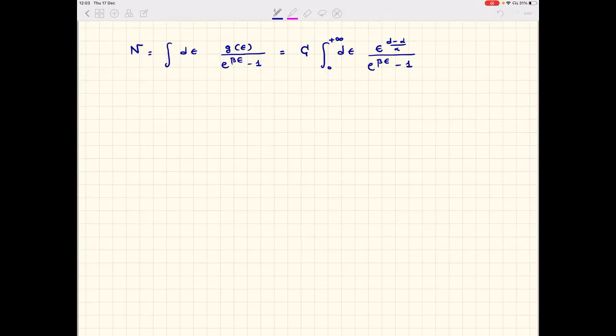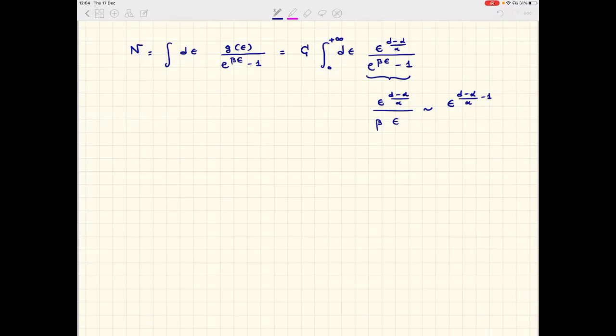I don't think so, because it's exponentially decaying. So the only problem is for epsilon close to 0, right? Yes. So therefore, let me expand the integrand for epsilon going to 0. I will get epsilon to the power d minus alpha over alpha divided by beta epsilon, which is epsilon to the power d minus alpha over alpha minus 1, times 1 over beta.